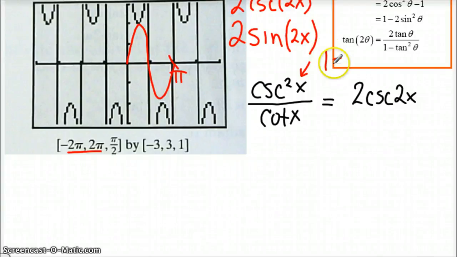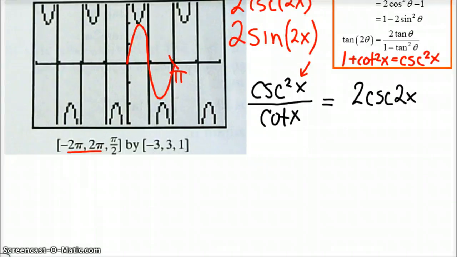The identity is 1 plus cotangent squared of x equals cosecant squared of x. That's a Pythagorean identity that I can use right away to help me simplify the left-hand side.